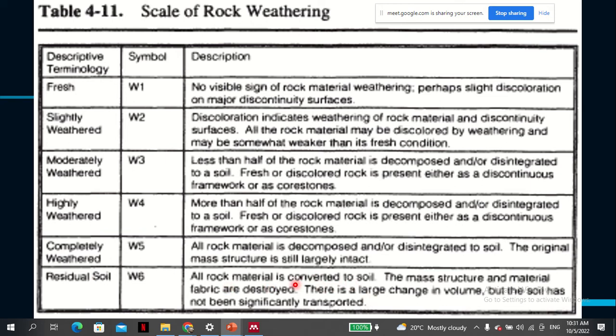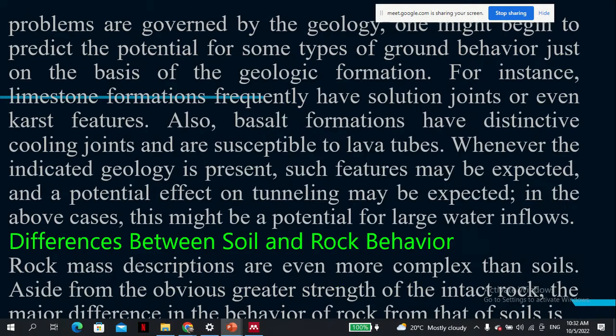The mass structure and material fabric are destroyed. There's a large-scale change in volume, but the soil has not been significantly transported. So these are terminologies for describing different degrees of weathering.